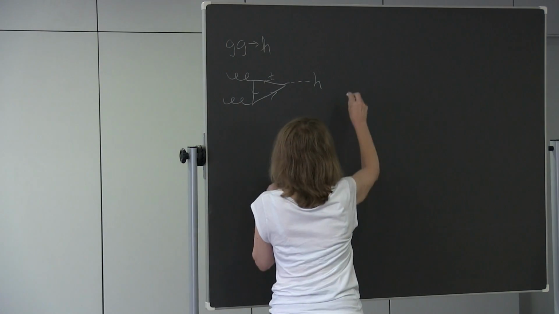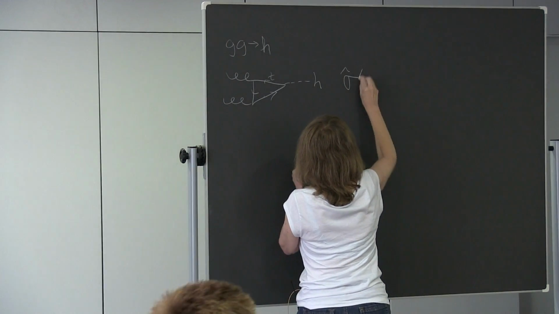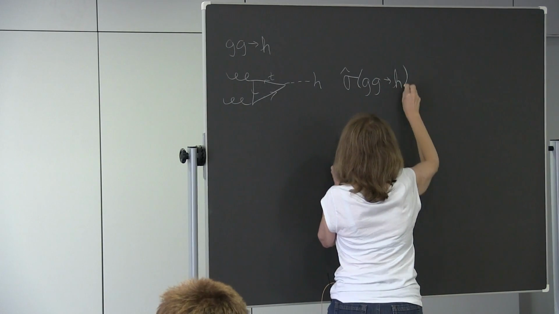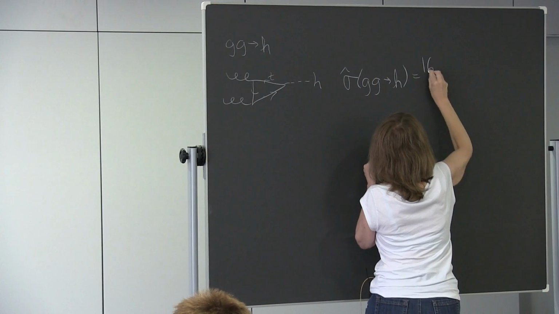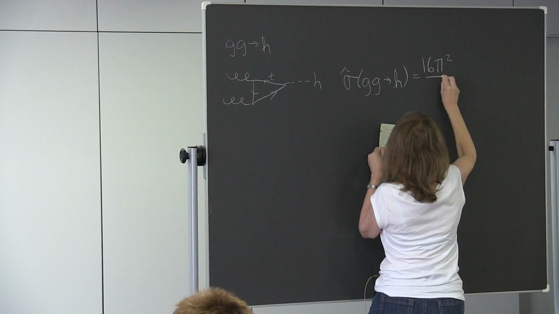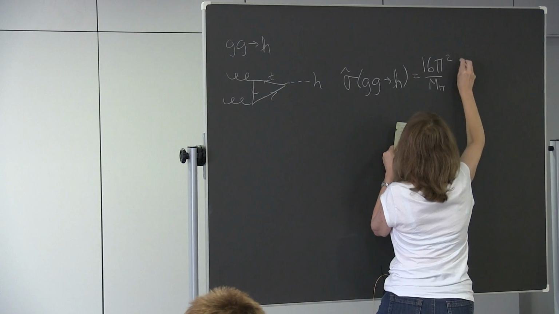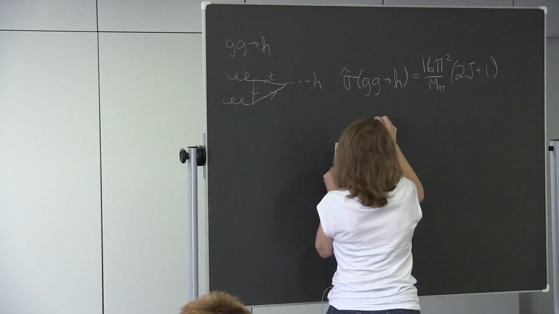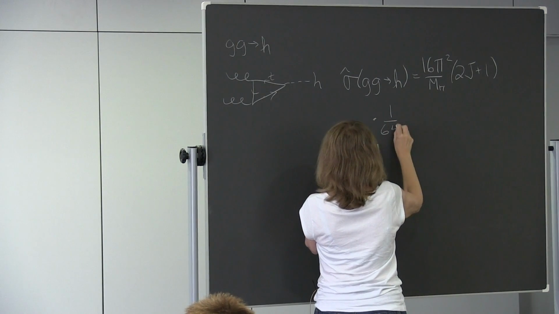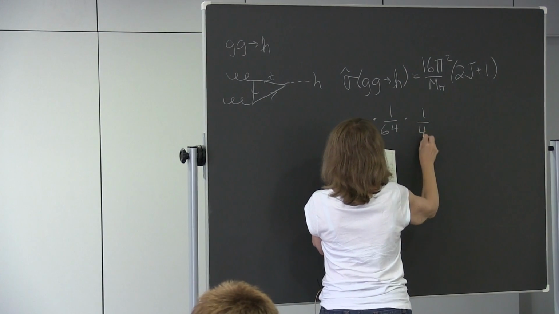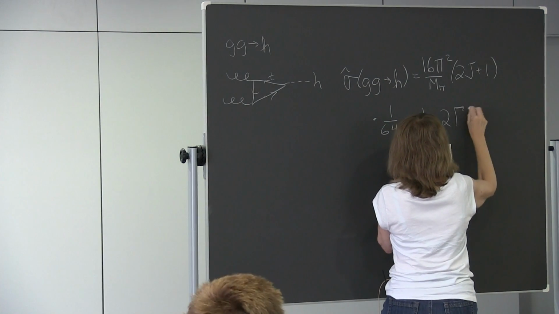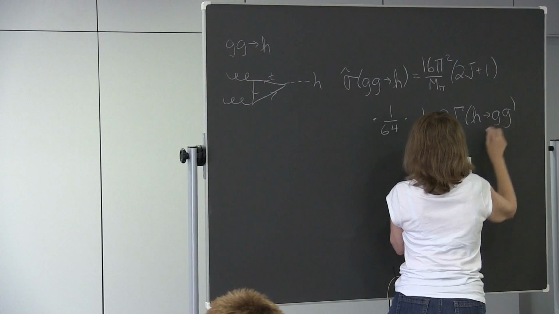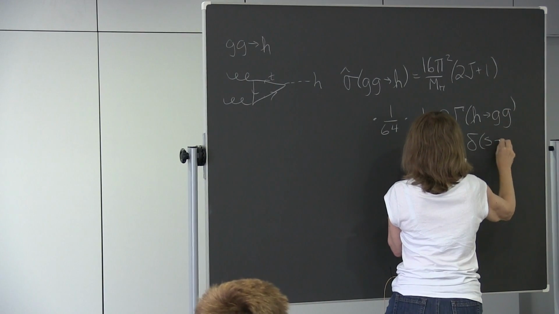So the partonic cross-section, gg goes to H, is equal to 16 pi squared over M_H, 2J plus 1, times 1 over 64, times 1 over 4, times 2 Gamma(H goes to gg) times delta of s minus M_H squared.